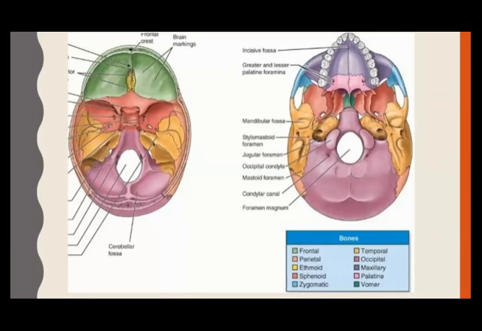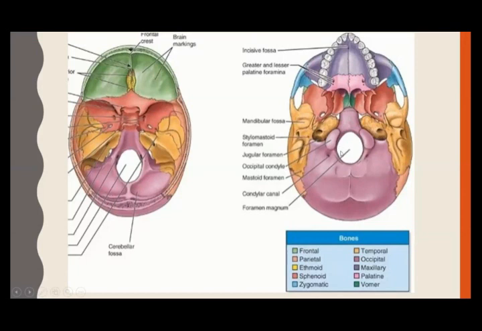This is the temporal bone, in yellow and mustard. This is the temporal bone, and this is also part of the temporal bone, the petrous temporal bone. Now in purple, this is the occipital bone. This is where this part articulates with the first cervical vertebra. This is called the occipital condyle, and this is the basi-occiput, the basilar part of the occiput.